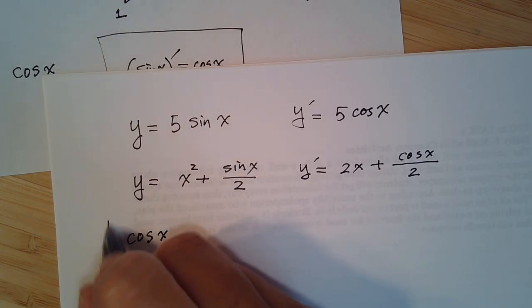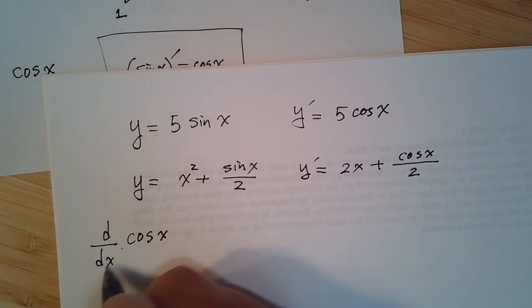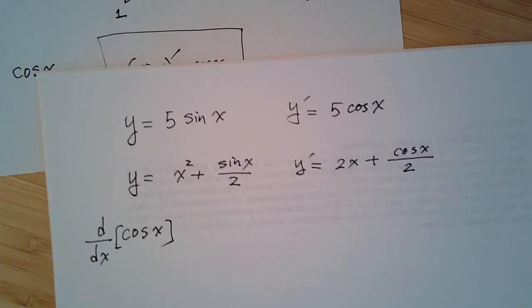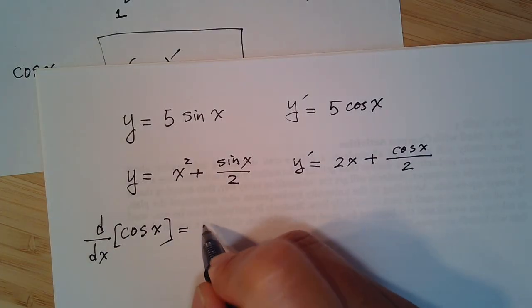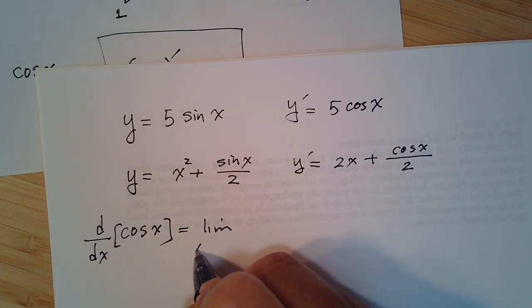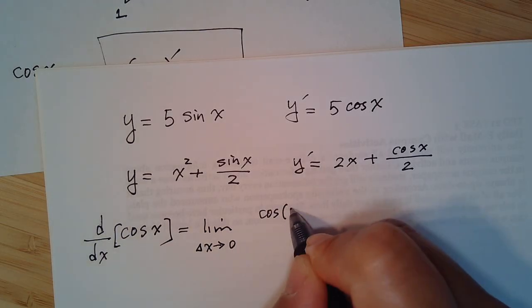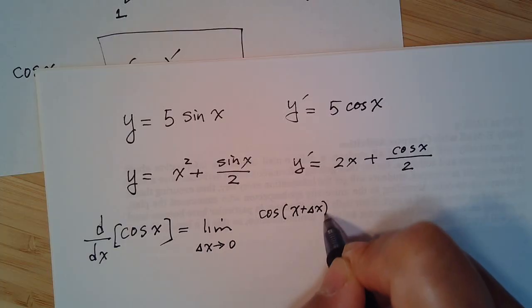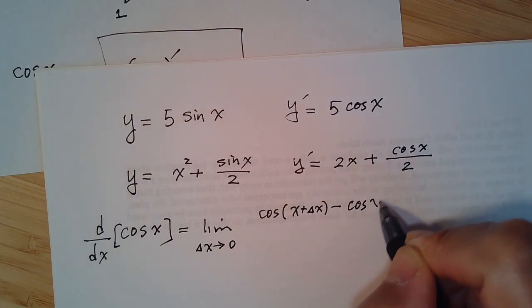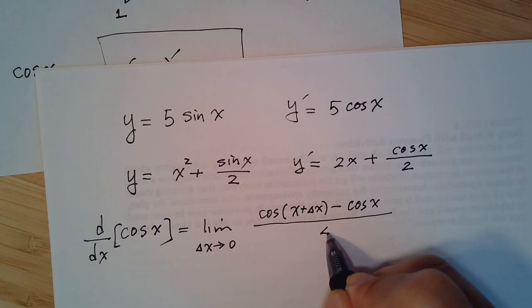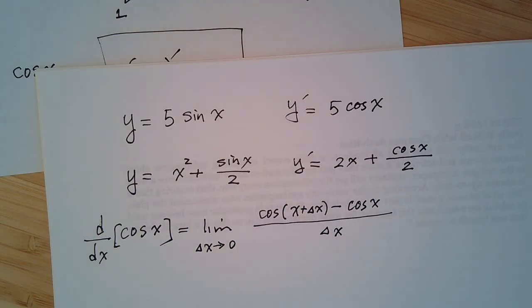If you want to take the derivative of that, d over dx, you can prove it using the limit as delta x approaches 0 of cosine of x plus delta x minus cosine x, over delta x. Okay, so that is something you should know. But then you can use the formulas.